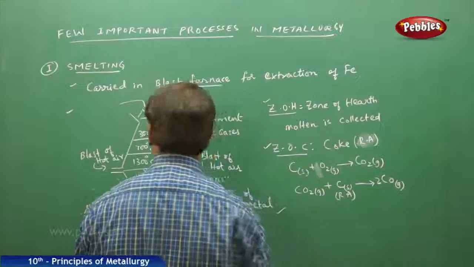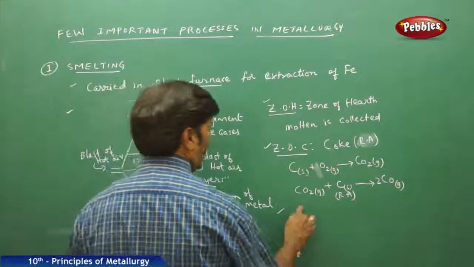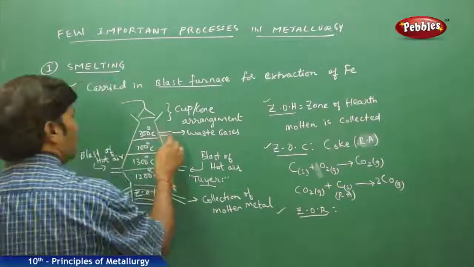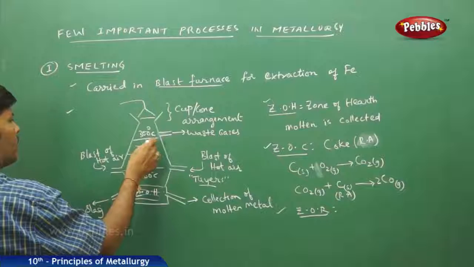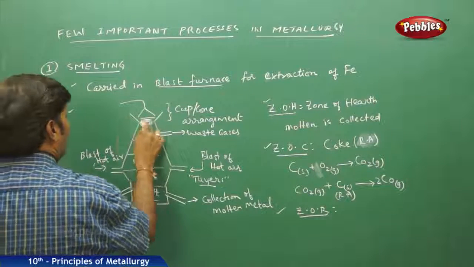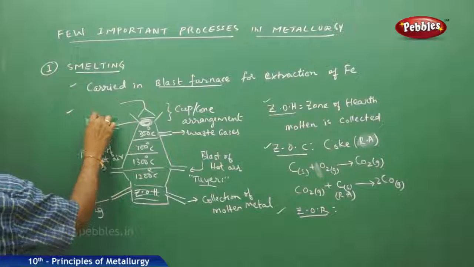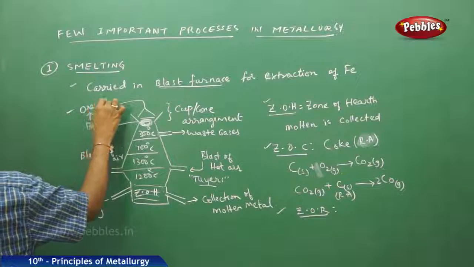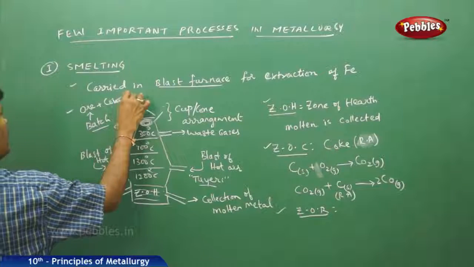And if you take the zone of reduction, ZOR, which we call the zone of reduction, here when you take the cup and cone arrangement, here you find all the mixture. This is called the batch. This batch is made up of ore plus coke plus limestone.